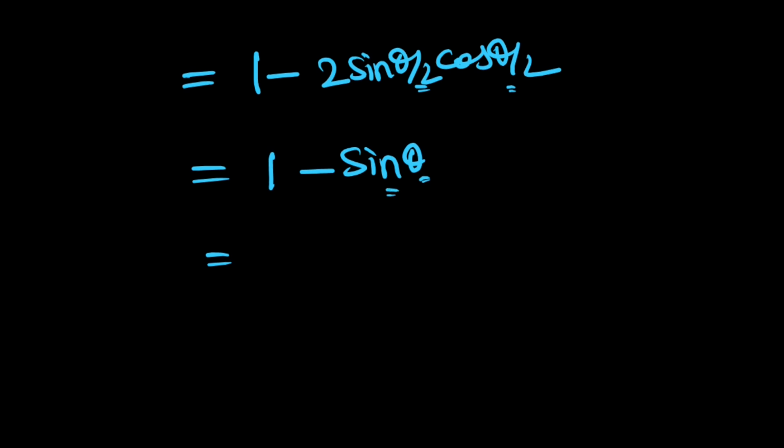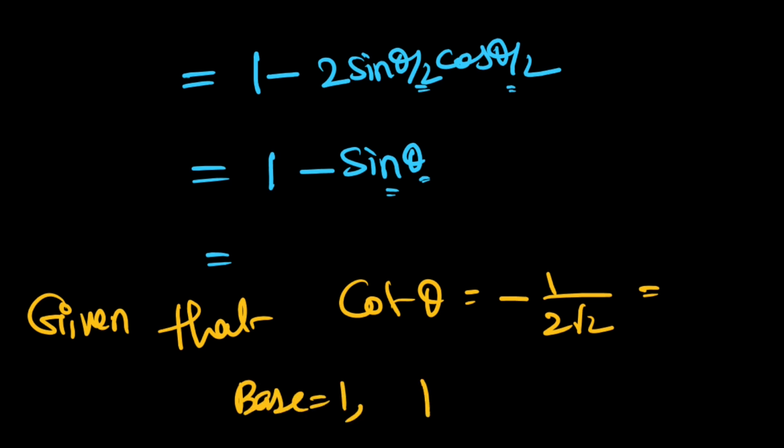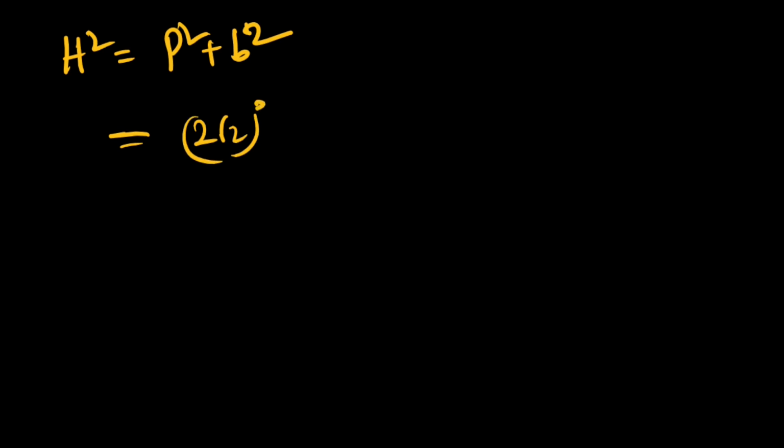Now, given that cot theta is equal to minus 1 over 2 root 2, cot theta means base by perpendicular. So here the base is 1 and the perpendicular is 2 root 2. Now we find the hypotenuse. Hypotenuse square is equal to perpendicular square plus base square, with base 1 and perpendicular 2 root 2: 2 root 2 square plus 1 square, that is 8 plus 1, that is 9.